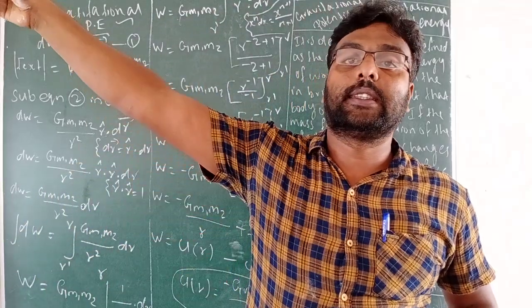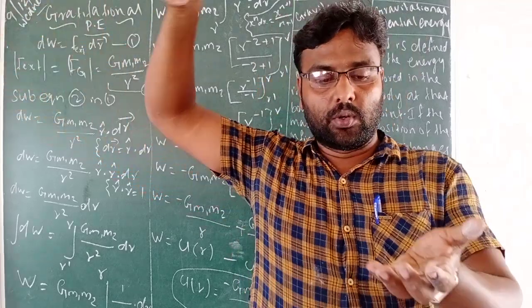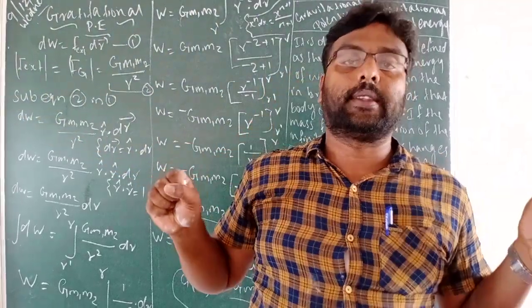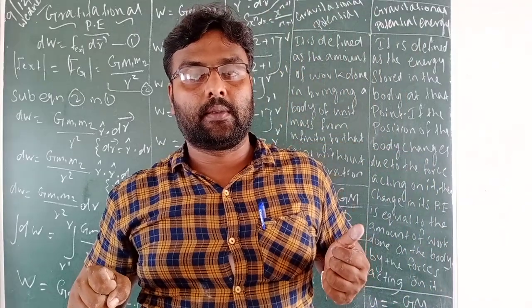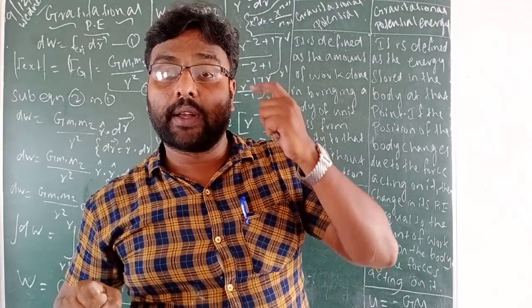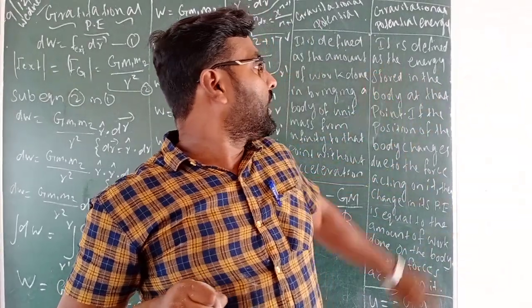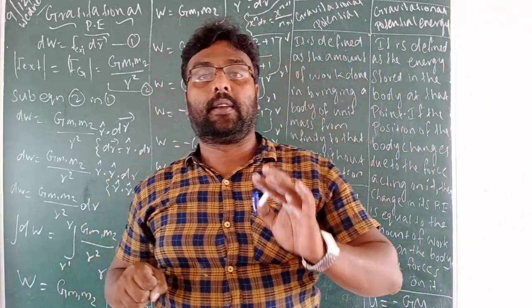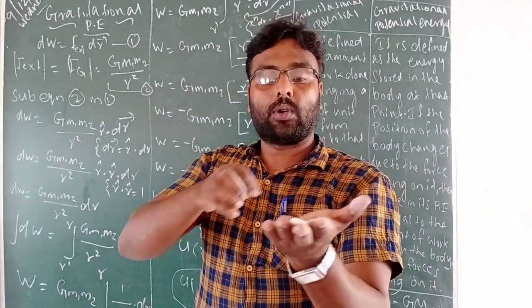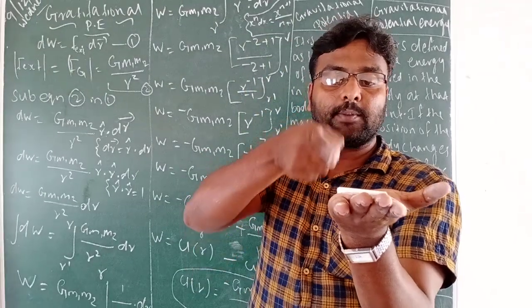Any object which is at infinity, bringing that object to this position without acceleration, that is the gravitational potential. And gravitational potential energy means what? It is defined as the energy stored in the body by its position.